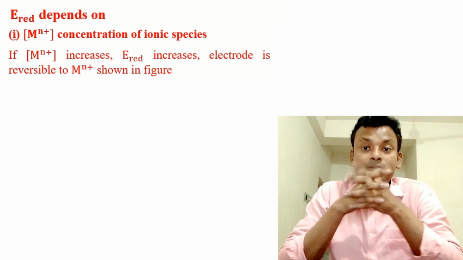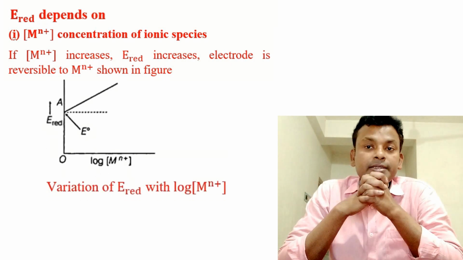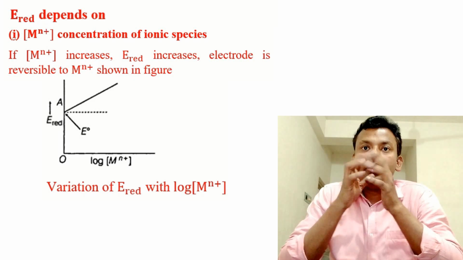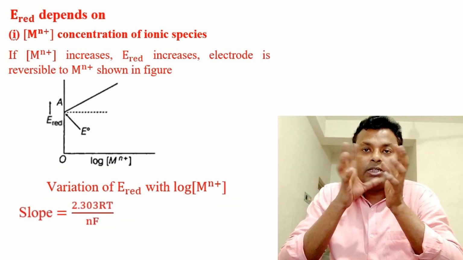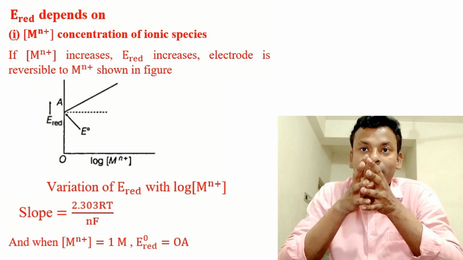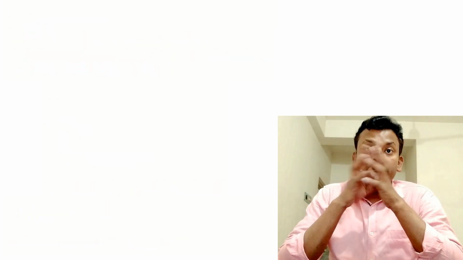The electrode is reversible to Mn+, as shown in the figure, that is the variation of E reduction with log concentration of Mn+. The slope equals 2.303 RT by nF, and when the concentration of Mn+ equals 1 molar, E0 reduction equals the intercept. Point 2: temperature.